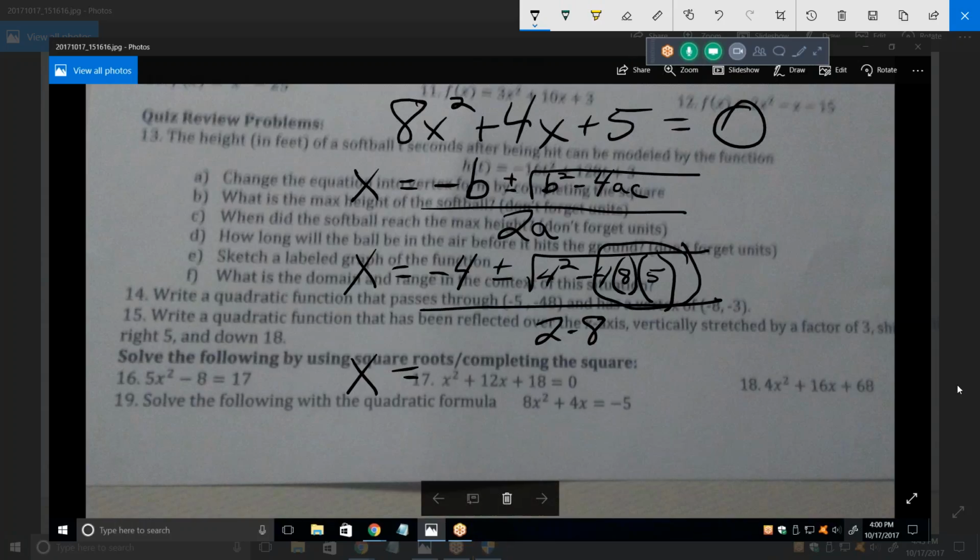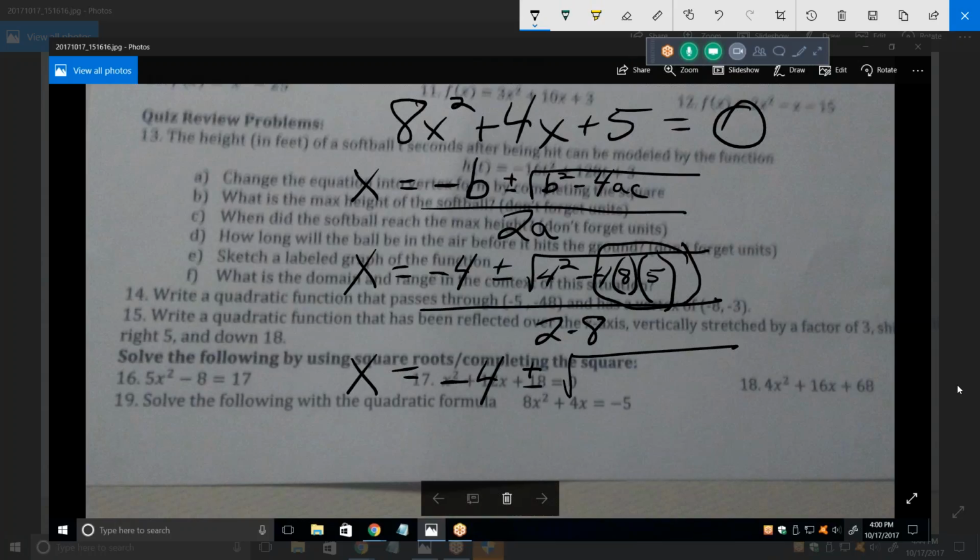You have 16 minus what? 4 times 8 is 42, I think. Do 4 times 5 first. It'll be a lot easier. 4 times 5 is 20. Now what's 20 times 8? 32. Or 20 times 8? 160.